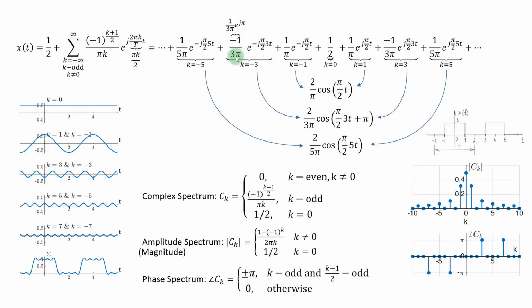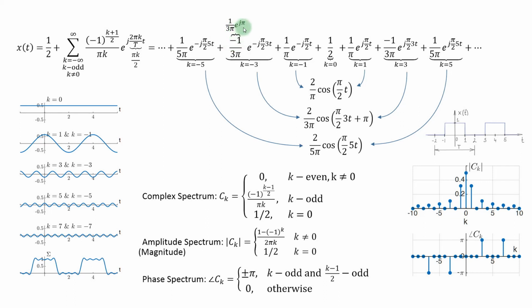Now what happens when I add this exponential and this exponential? Well, first I should turn this complex amplitude into a proper polar form of a complex number. A proper polar form of the complex number will have the magnitude here, which is positive, and then this minus sign will be expressed as e to the j pi.